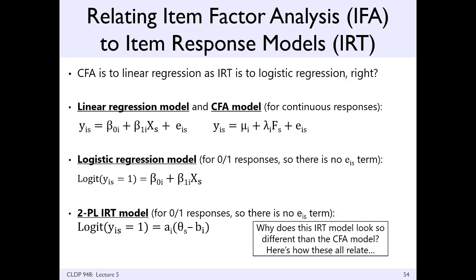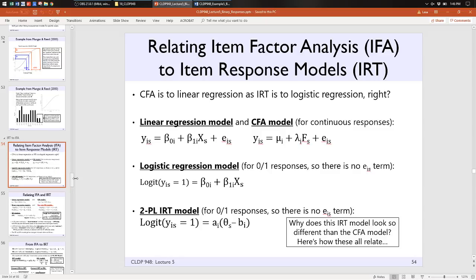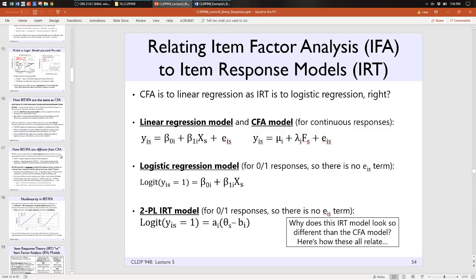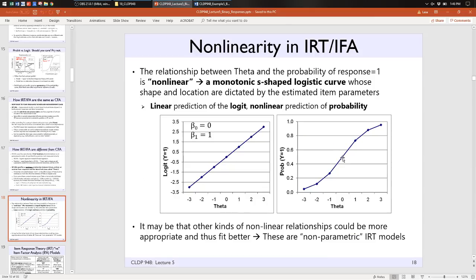A is the slope at that B location on the curve when you're plotting it in probability, or it's just a linear slope when you plot it in logits. So, quick picture here. Back to the beginning to show a picture. A would be the slope at the 50-50 mark.